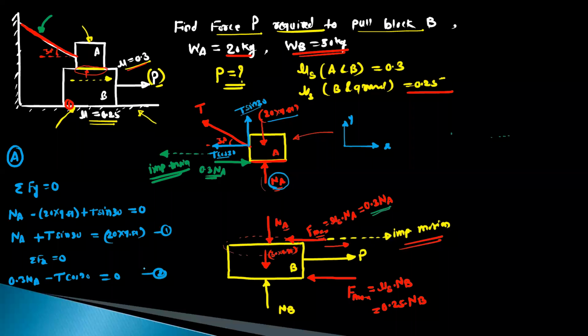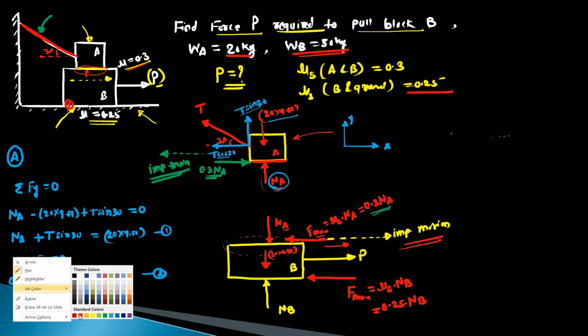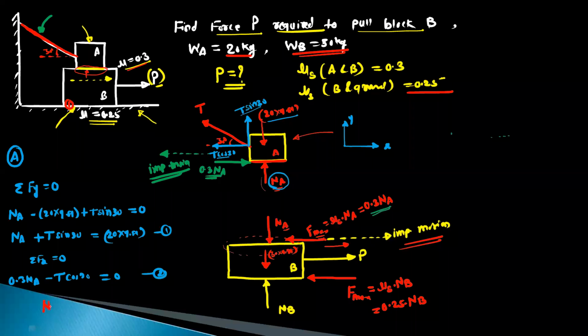In your calculator, solve these two equations simultaneously and get the value of normal reaction NA. After solving, you will get NA equal to 167.235 Newton, and the tension T equal to 57.93.